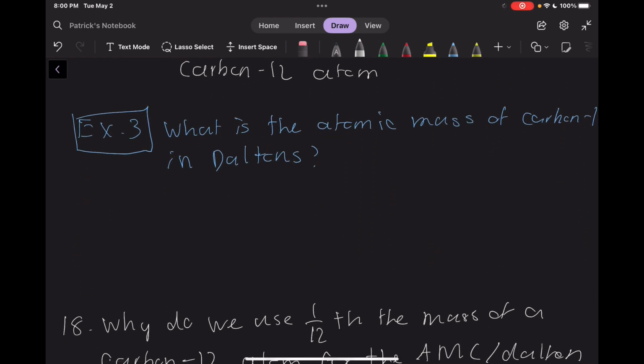Here's another example problem. Example 3 asks, what is the atomic mass of carbon-12 in daltons? Remember, 1 dalton is equal to the atomic mass of a carbon-12 atom divided by 12.